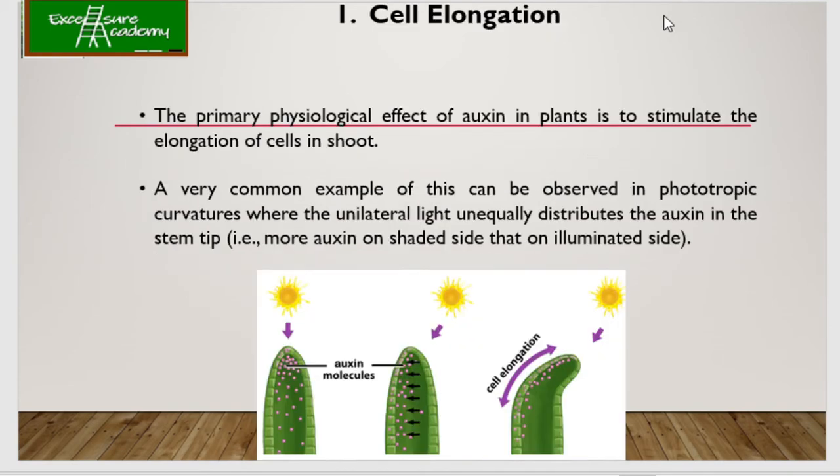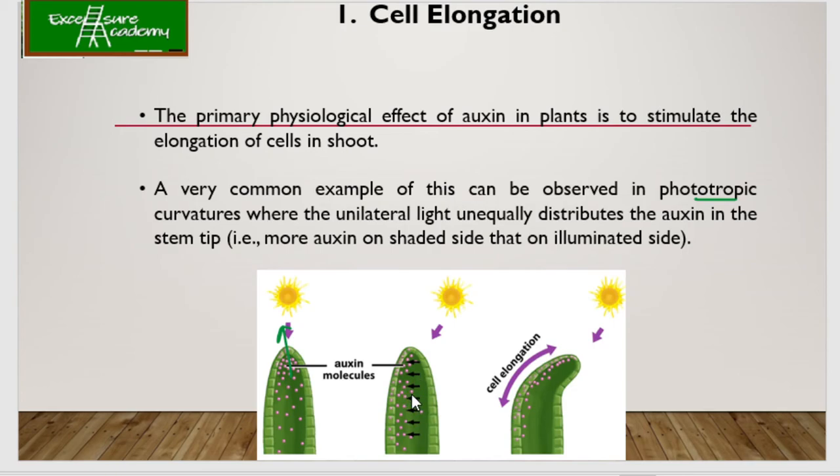So cell elongation. The primary physiological effect of auxin is cell elongation, which we have already discussed. A very common example of this can be observed in phototropic curvature, where unilateral light unequally distributes the auxin in the stem. Suppose your tip is present like this. If you get sunlight directly from above, it is going to grow straight.